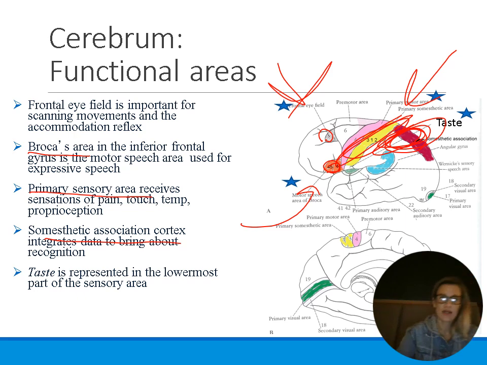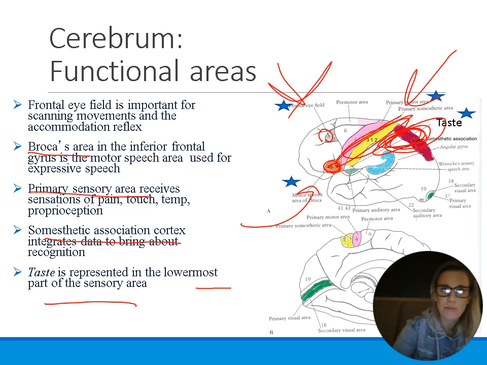Taste, or gustation: the primary gustatory cortex is represented in the lowermost part of this sensory area. So the primary somatosensory area, if you go down to the very, very bottom of that area, right down here, that's where the primary gustatory cortex for taste is.